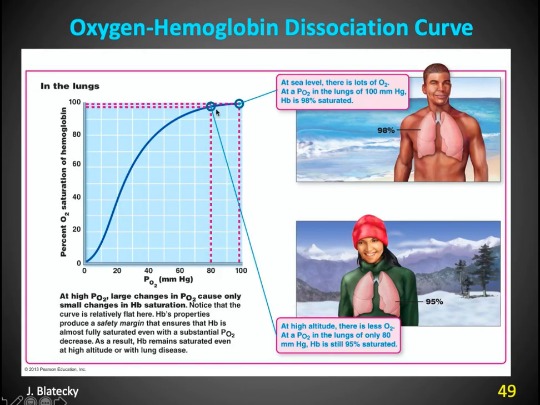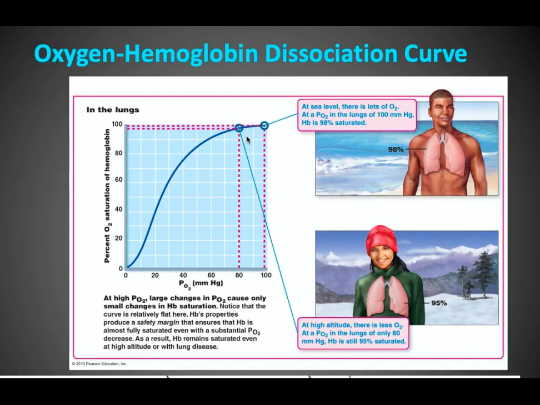This is allowing us to still be able to transport oxygen efficiently in the bloodstream, despite the fact that we have lost a little bit of pressure. Another example could simply be disease, right? So certain types of COPD or pneumonia can also lower the partial pressure of oxygen.